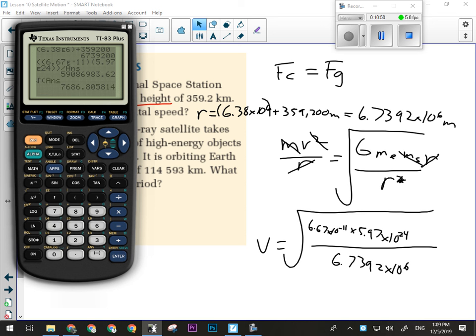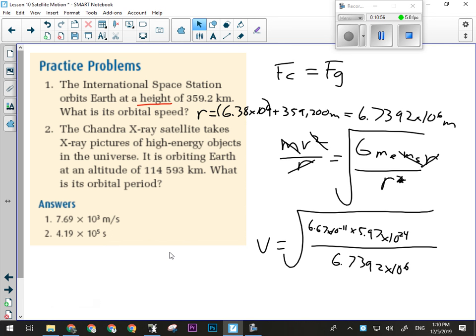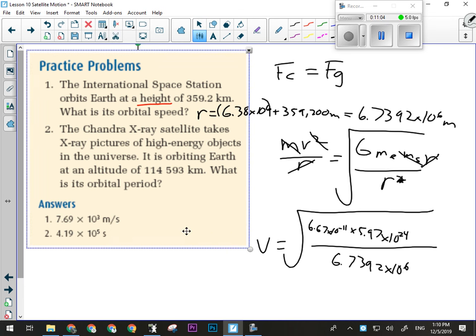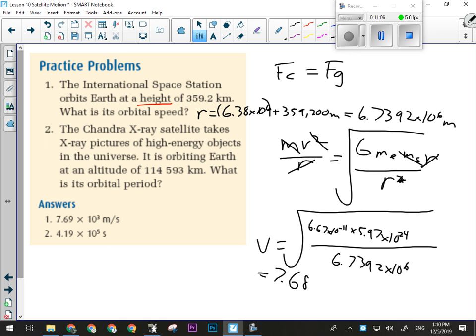All right, so it's moving at 7.7. No, we have 4 significant figures. So 7.687 times 10 to the 3 meters per second. Why do I have 4?